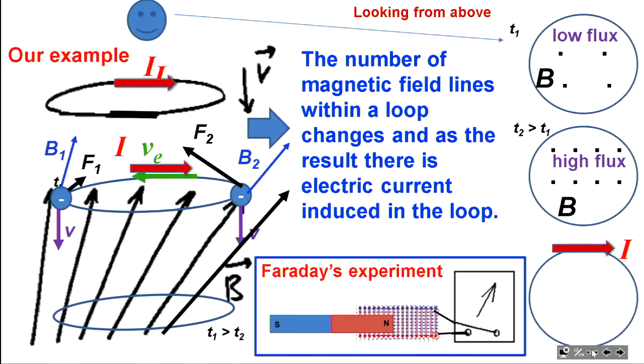So every time we draw a magnetic field through the loop, we assume a certain point of view.